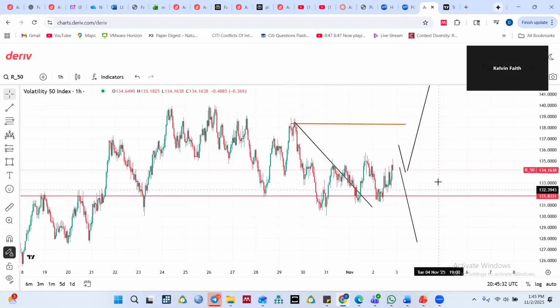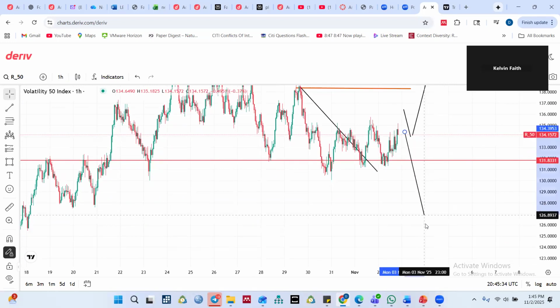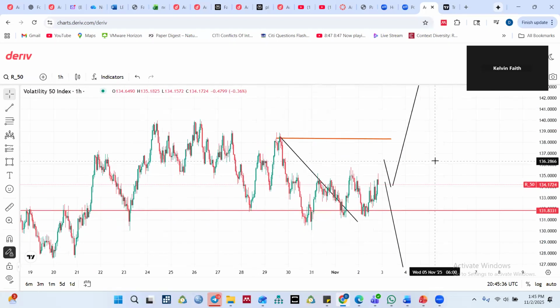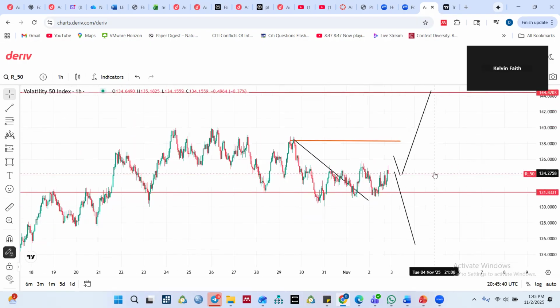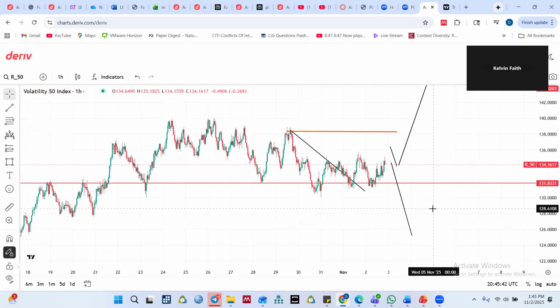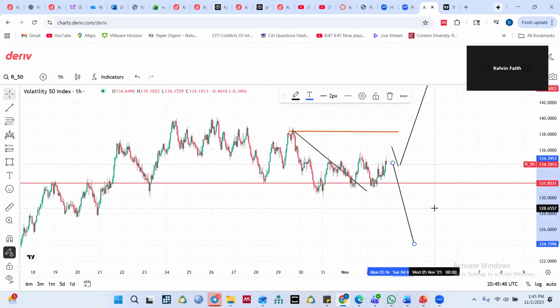Look at the move. If we sell, we target somewhere here. Look at the movement, the pips, and the risk to reward ratio of the trade. Whether a buy or a sell, we are going to get a very good risk to reward.